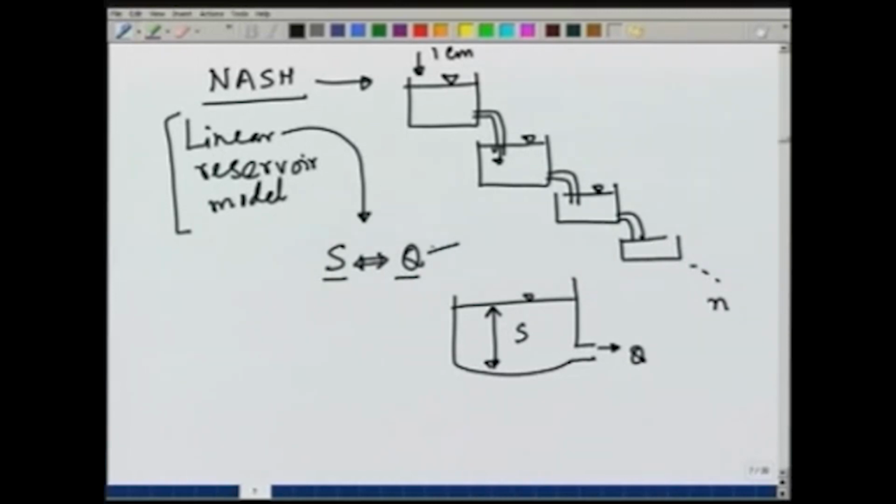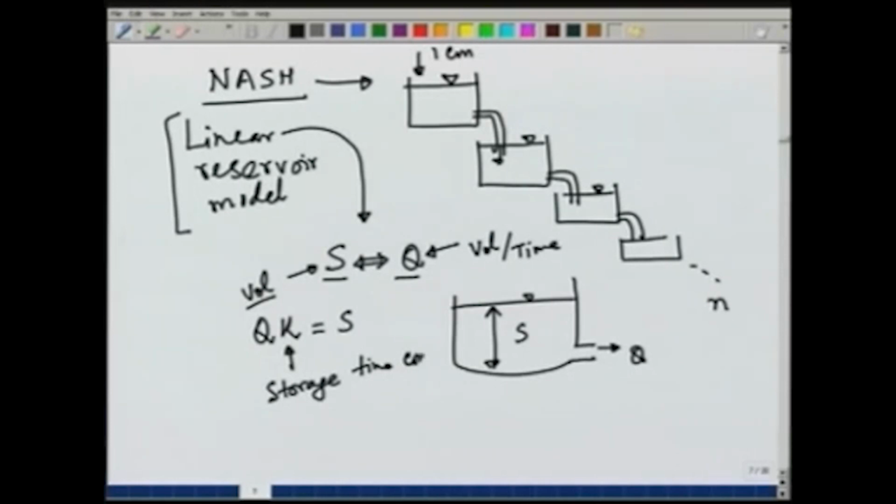If you look at the dimensions of Q, this is volume over time, meter cube per second typically, and S is in terms of volume, which is typically meter cube. So, if we use a time constant, Q into K equal to S, where this K is the storage time constant and it has units of time.